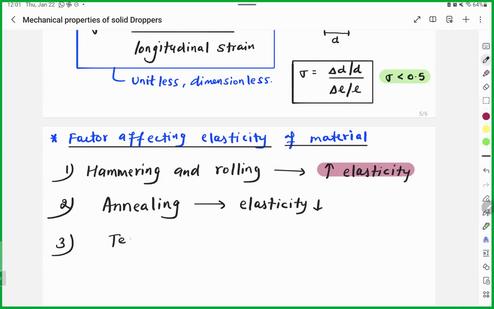Third, if you increase the temperature, then elasticity will decrease. If you heat the material, it will lose elasticity. Got it? And impurity can also impact the elasticity. It can increase or decrease depending upon the nature of the impurity.